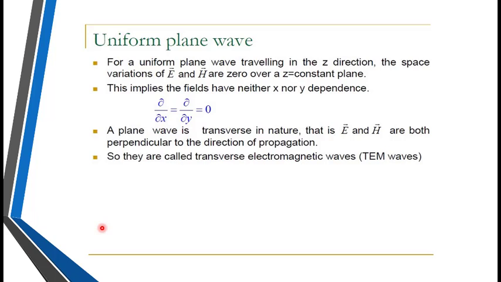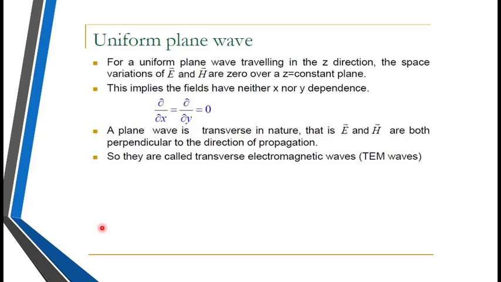It has an Ex component, an Ey component, an Hx component, an Hy component, but the variation with respect to x and with respect to y is not there. Right, the variation with respect to z is there only because it is moving towards the z axis, right?